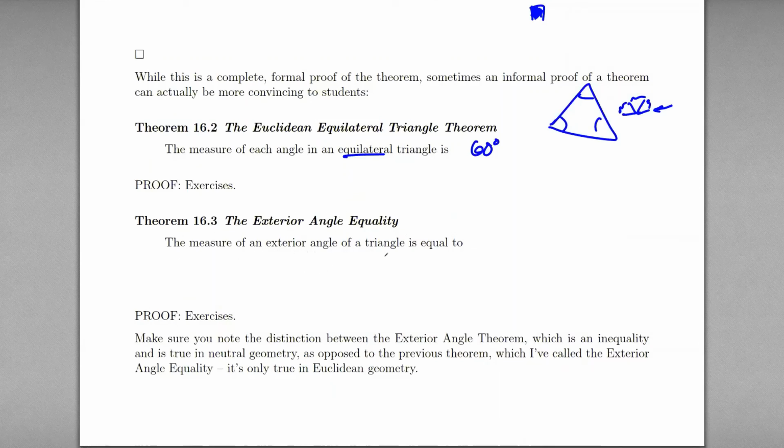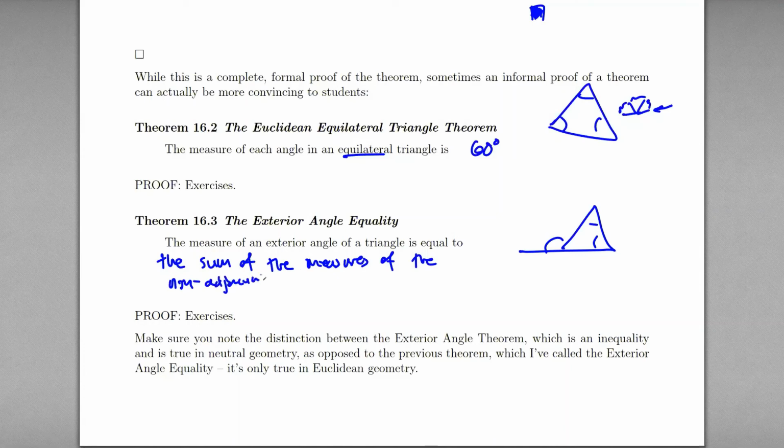The measure of an exterior angle of a triangle, so if we have a triangle with an exterior angle, this exterior angle is equal to the sum of the measures of the non-adjacent interior angles.